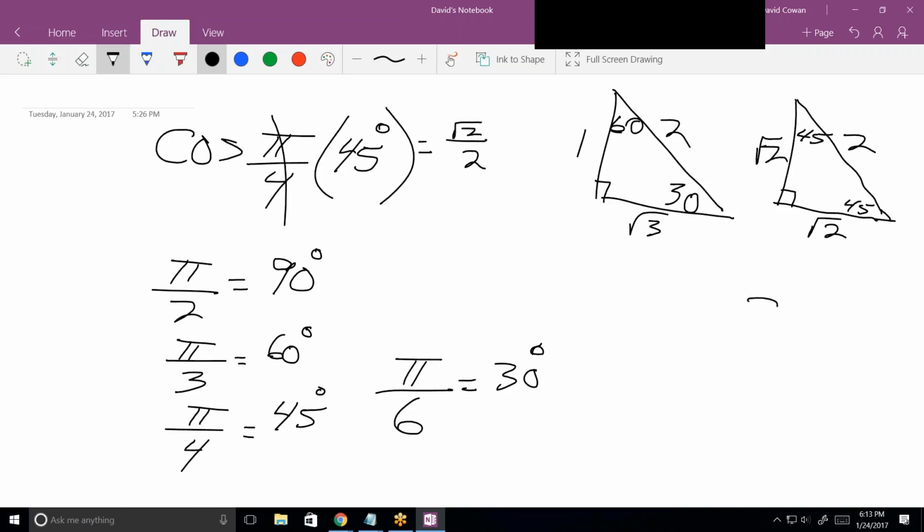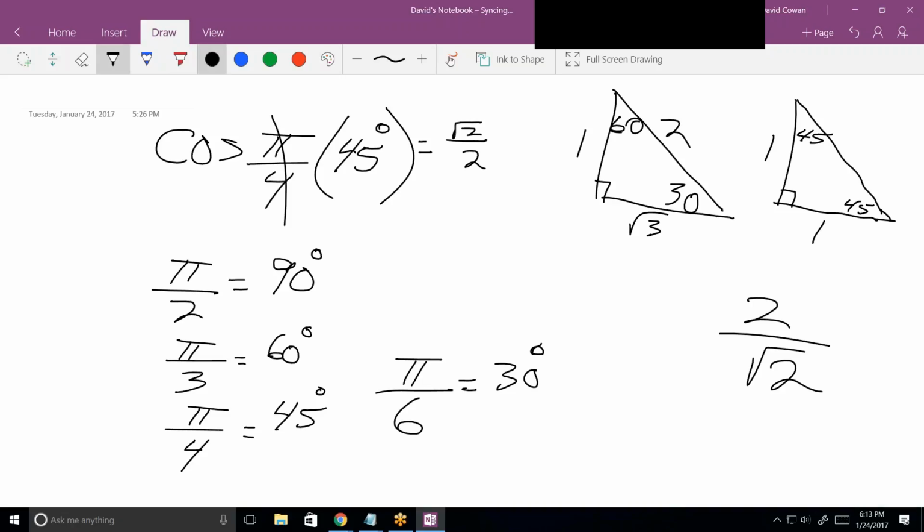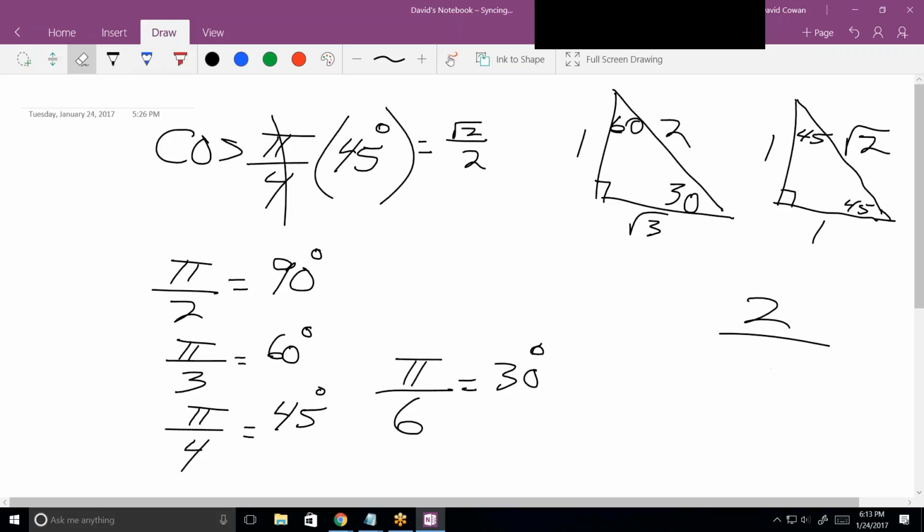Now you're going to say 2 over root 2, which I then have to rationalize. Whereas, had I left it as a unit, then secant never has to be rationalized. You still have to rationalize sine and cosine, but not secant and cosine.